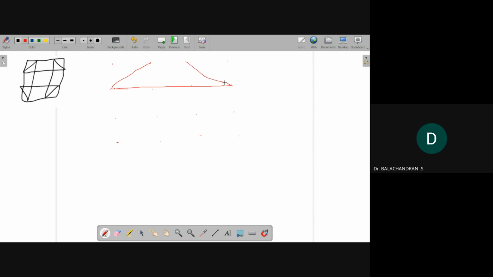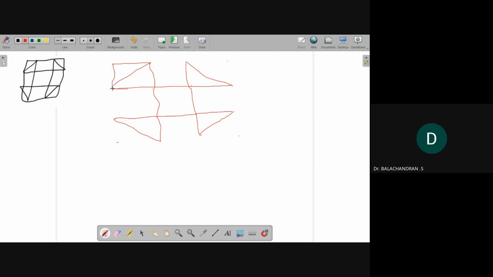I'm going exactly once, but the vertex may be repeated. So I'll start from here and now end with here, but still it's not finished. And then I'll go like this.